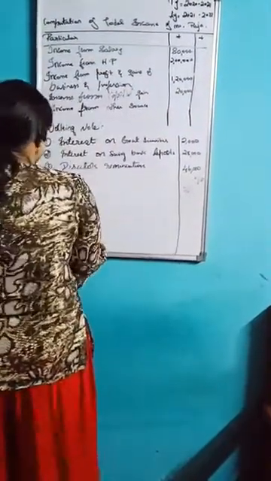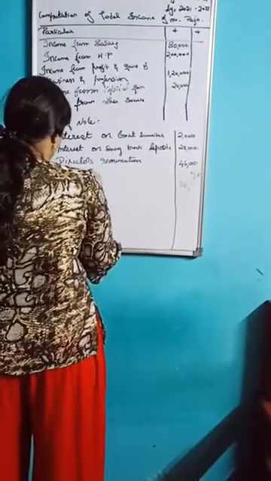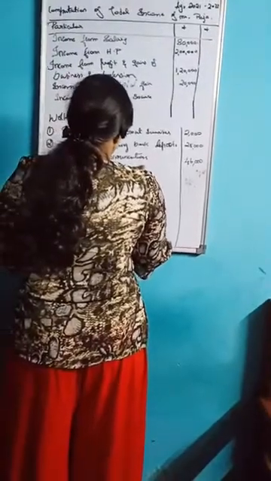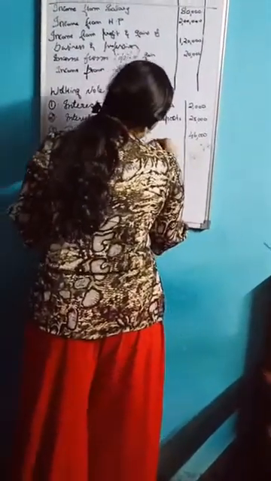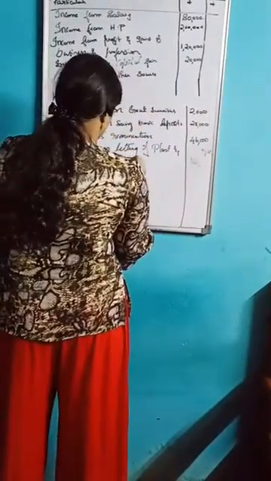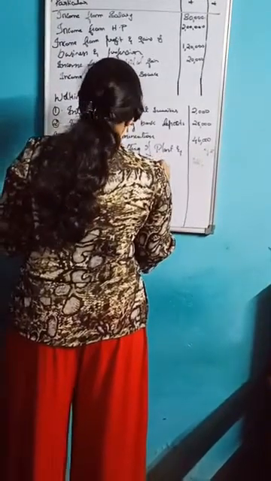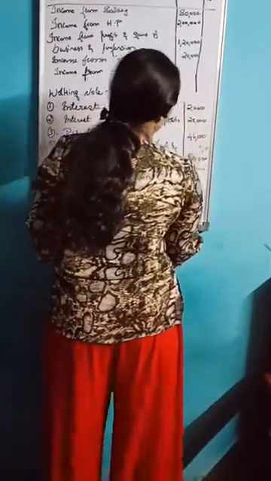Fourth point is rent from renting of plant and machinery. That is 80,000.